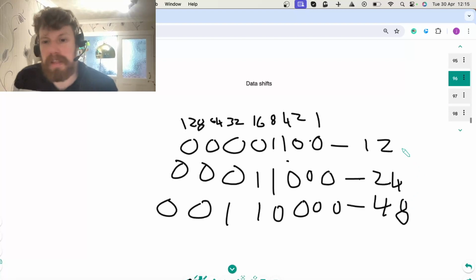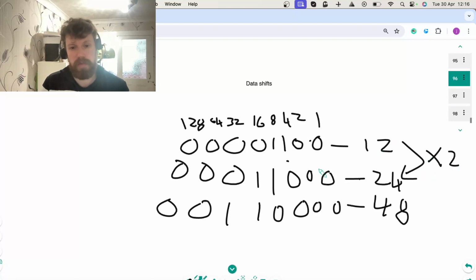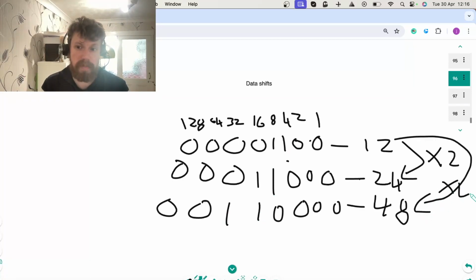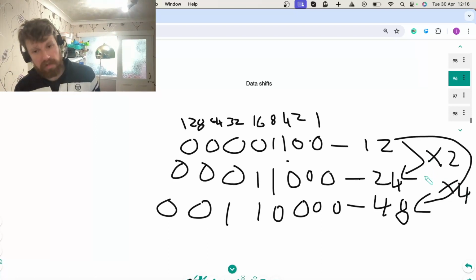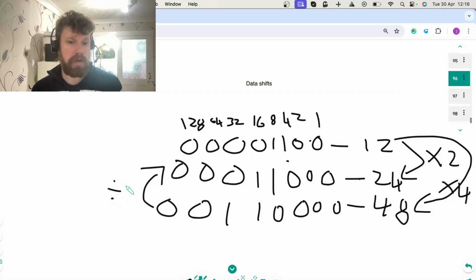Now, if we look at the effect that this has, a left shift of 1 on 12 up at the top here is like times by 2. The next one, if we did a 2 left shift, so if I moved it 2 places, we can see it's times by 4. And if we moved it by 3, it would be times by 8. The other way as well, so if we do right shifts, you can see if we did 48 and we moved it 1 place to the right, we've divided by 2.